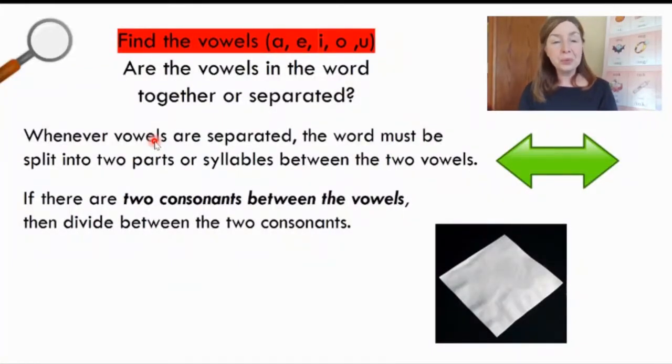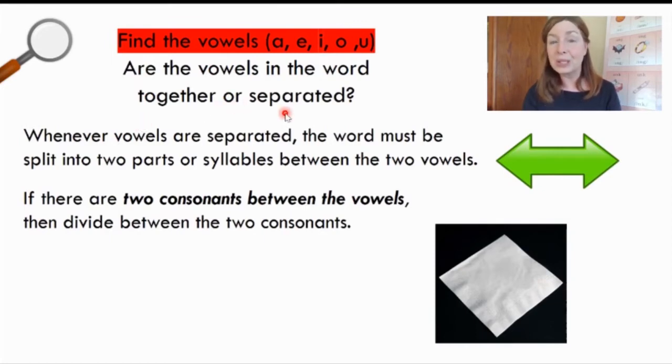Now, we have some rules that will help us know how to break words apart. So the first rule is find the vowels. We know the vowels are A, E, I, O, U, and sometimes Y. Then you ask yourself, are the vowels in the word together or separated?